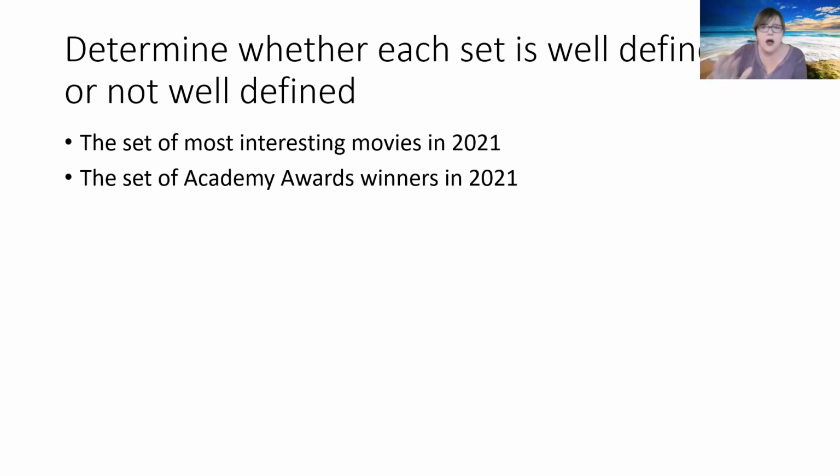So this is not well defined because the definition may vary from person to person. So it's not clear what belongs in the set and what does not. However, if I look at the set of Academy Award winners, there's only one person that won Best Actor last year. There's only one group that won Best Set Design last year. It's definitive. So this is a well-defined set.